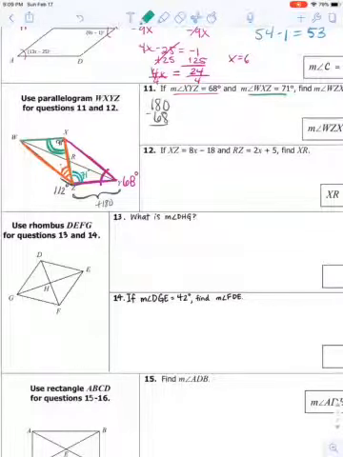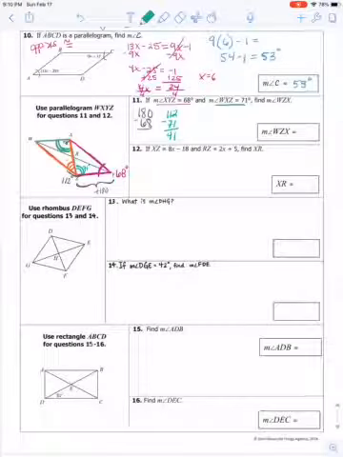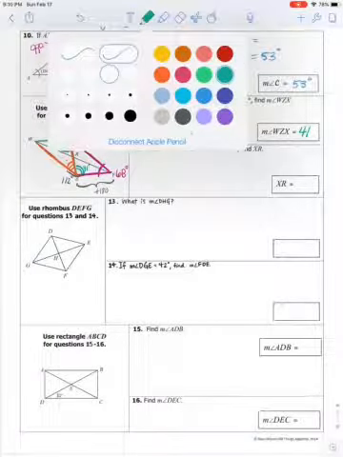So the next thing you're going to do is 112 minus 71. And that's going to give us 41 degrees. So that's my answer. Ta-da!